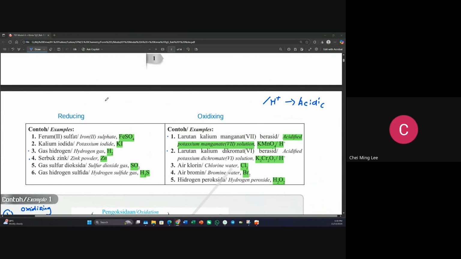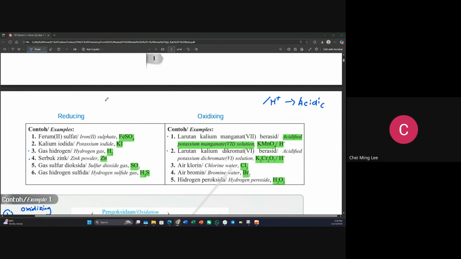Chlorine becomes chloride, negative. For example, in the ionization of hydrochloric acid HCl, H becomes H positive by releasing one electron to chlorine, and chlorine becomes chloride ion, negative.